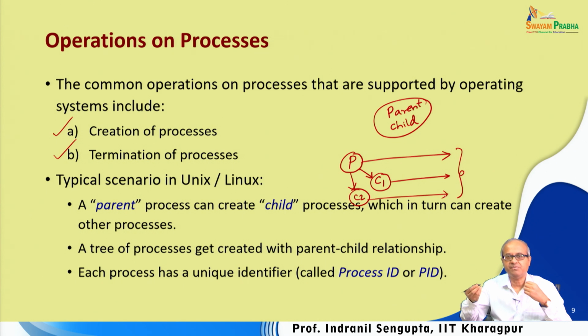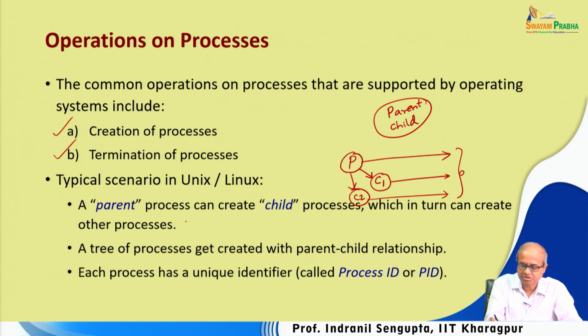So, there is a mechanism by which a parent process can create child processes, or even a child process can create further child processes. In fact, any process in the operating system can create further processes. So, as I mentioned here, a parent process can create child processes, which in turn can create other processes as well. So, in the system there will be a hierarchy of processes that will get created.